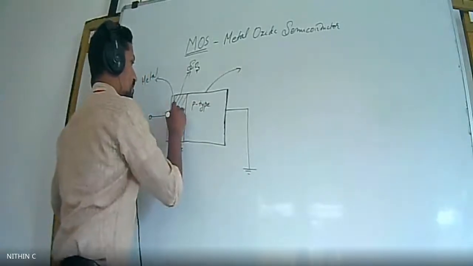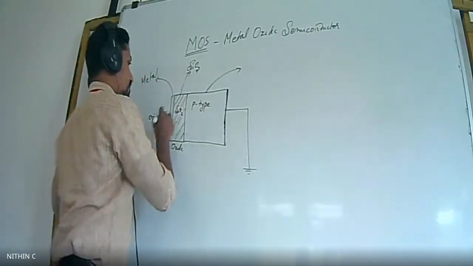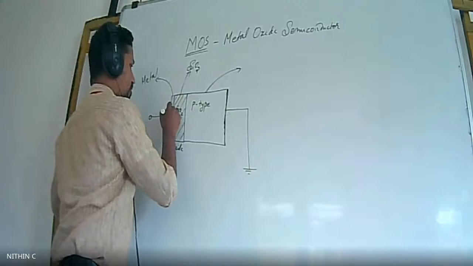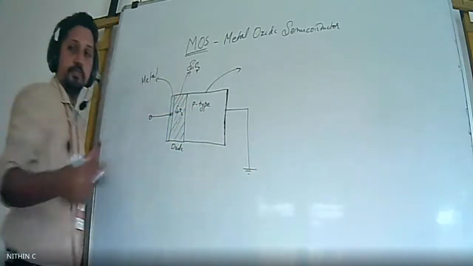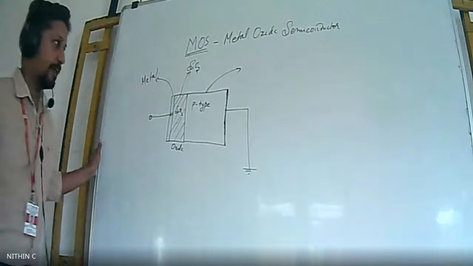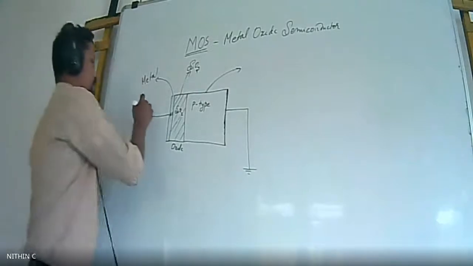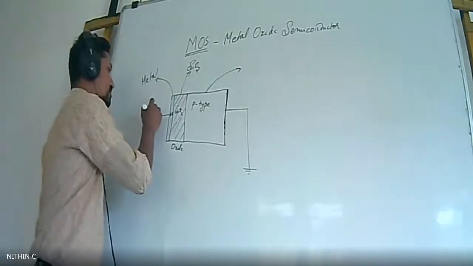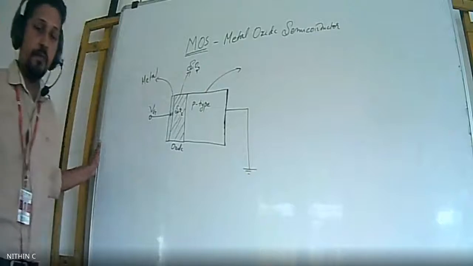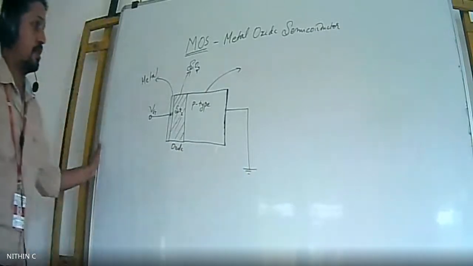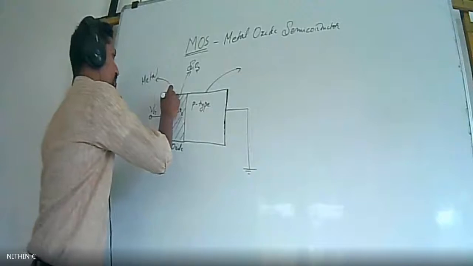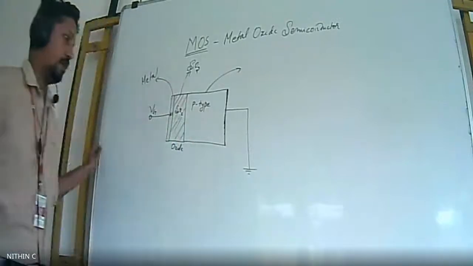So you'll be having silicon dioxide here, a metal, it can be aluminum or whatever it be. This is how the structure looks. This voltage can be termed as VG, G for gate, the gate voltage, and this is grounded. So this is the structure of metal oxide semiconductor, and we should know about the working.